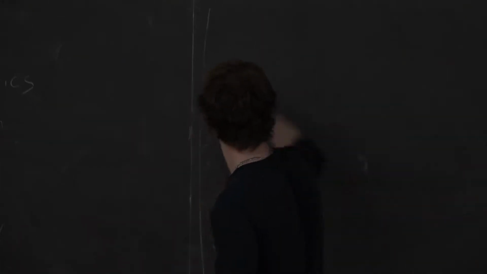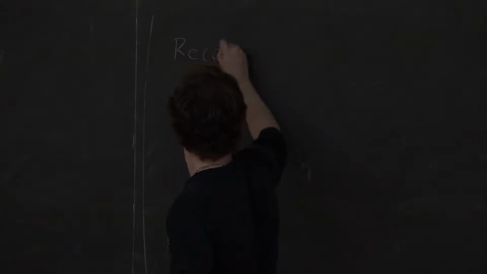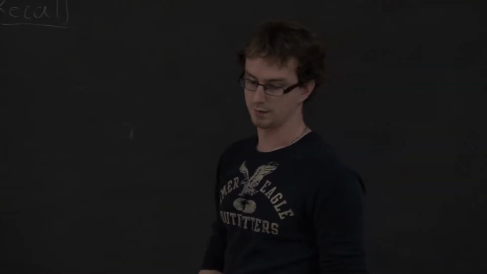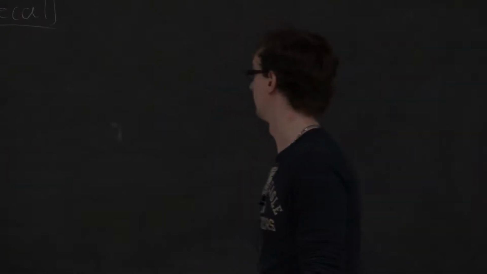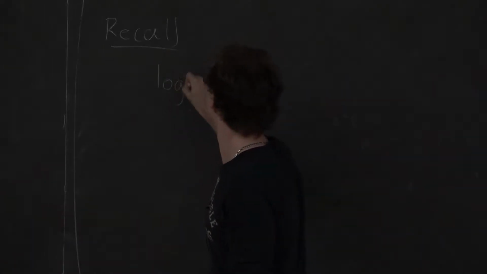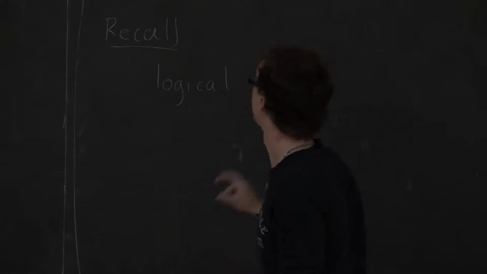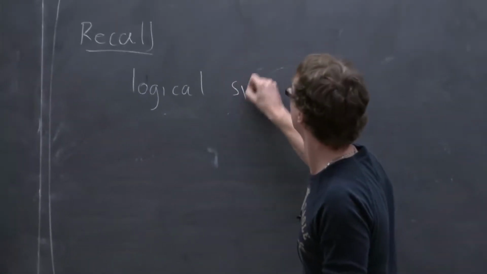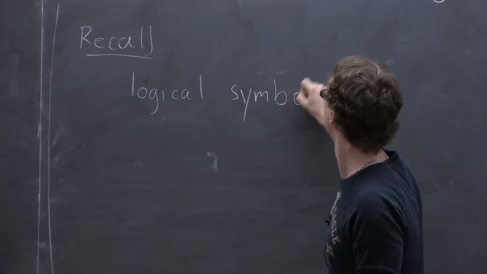Okay, so with that said, we will recall from last lecture. So we defined what it means to have a language in a first-order logic. And this was done by breaking down the symbols into two parts. There were the logical symbols that are independent of any particular language.